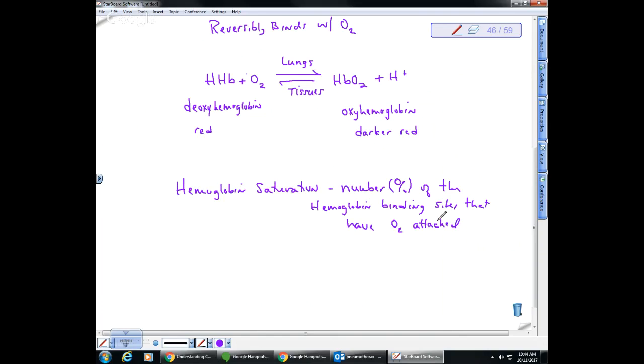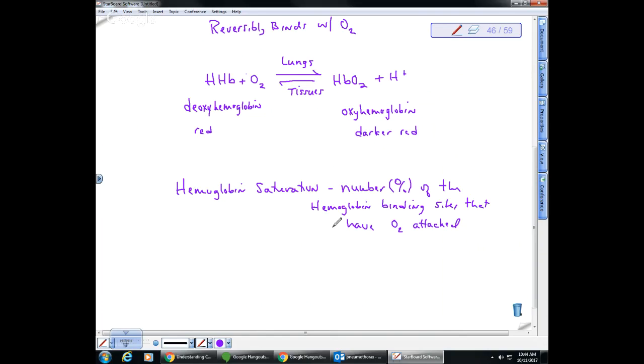So if it's 100% saturated, then what that means is that all of the iron molecules, all 4 of them in the hemoglobin are bound. Okay? So if it is 50%, that means on average, every hemoglobin molecule only has 2 oxygen atoms bound to it.